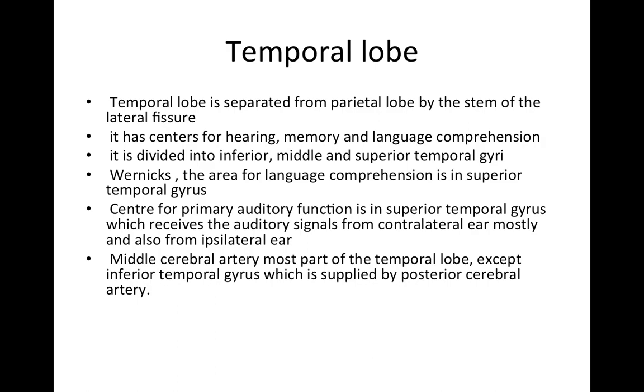It has the centers for hearing, that is primary auditory center and auditory association center. The signals from the inner ear reach the hearing center in the temporal lobe. It has the centers for memory and language comprehension, that is spoken language.